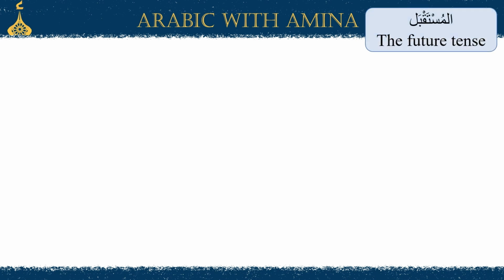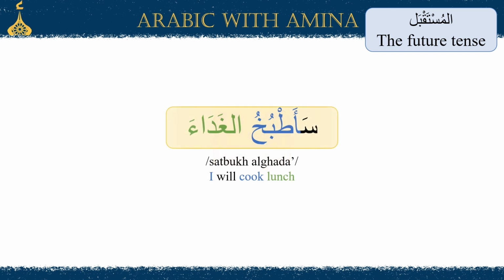There is only one particle used to negate the future tense, and that is the word لن. This is a sentence in the future tense, saying I will cook lunch. سأطبخ الغداء. First, we will identify the verb. The verb here is cook, or أطبخ.